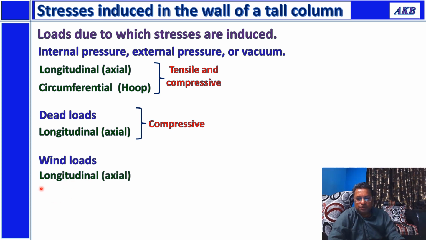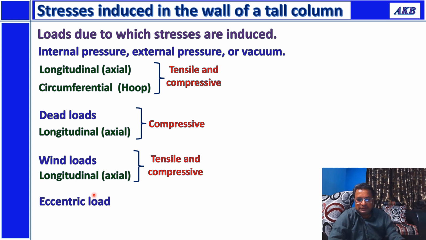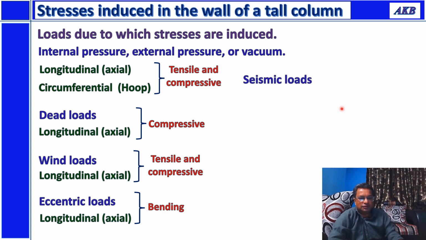Again, they are going to produce longitudinal or axial stresses, and these will be tensile and compressive. Then eccentric loads. These are going to produce longitudinal stresses, and the resulting stresses will be bending stresses.